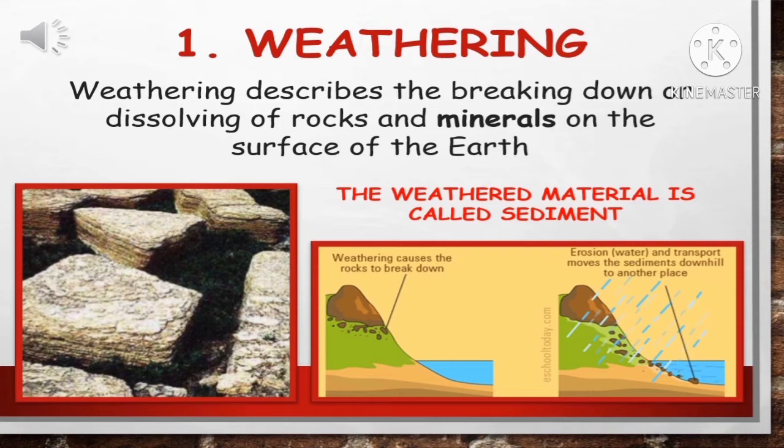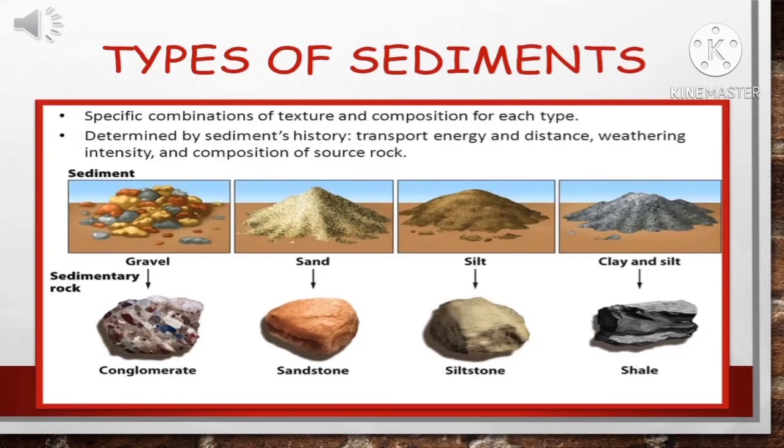And then, after that, erosion will happen. So, it will move the sediments downhill to another place. So, as we have said, when the rocks are broken down into pieces, they become sediments. So, these are the types of sediments.